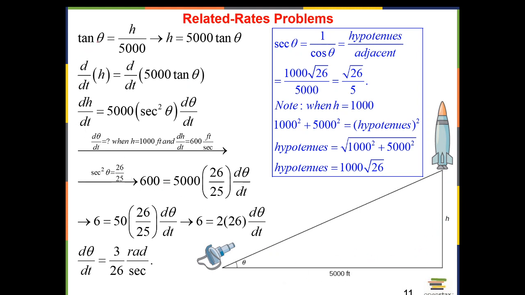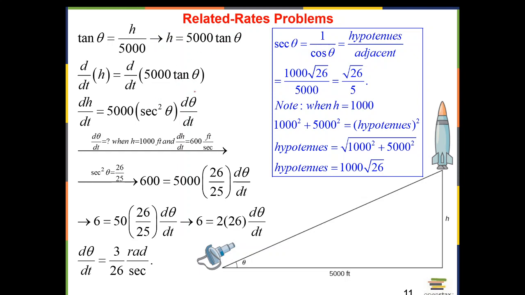That's the easiest relationship we can write, right? You don't want to write sine of theta because that would be this over that, and then we have to get another thing involved, which is just not very wise to do. So tangent is h over 5,000. So h is 5,000 tangent theta, right?